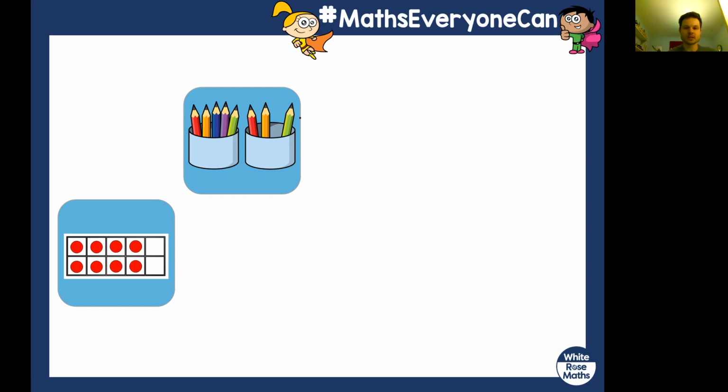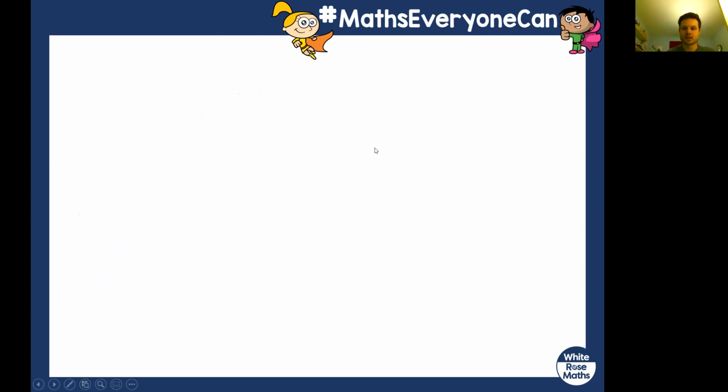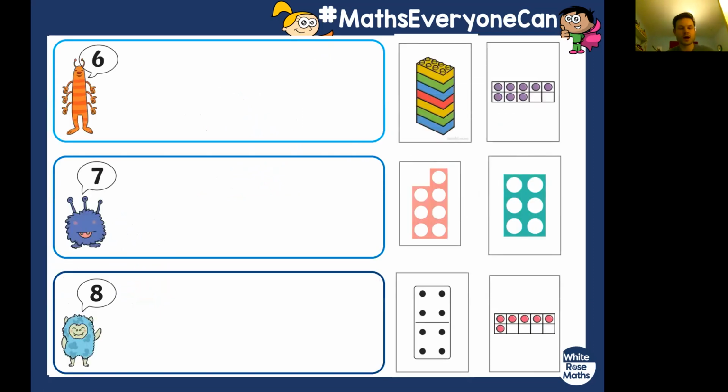All right, so well done, guys. We have found our 3 matching pairs. Now, the next thing we're going to have a look at are 3 aliens, and the top alien likes the number 6. The middle alien likes number 7, and the bottom alien likes number 8.